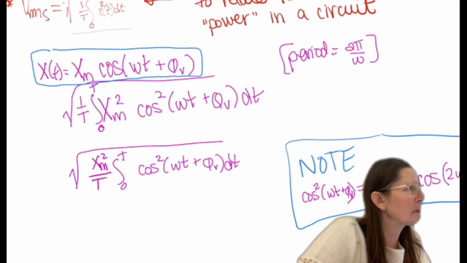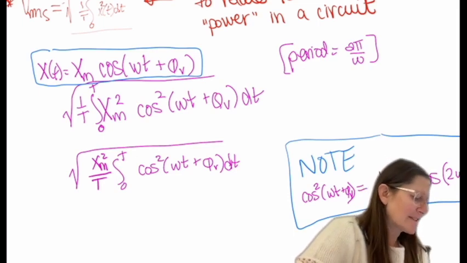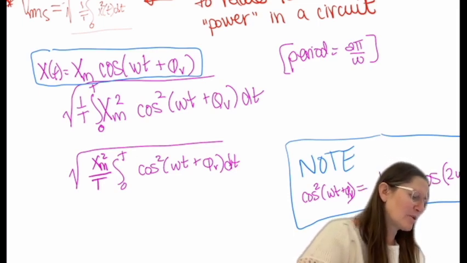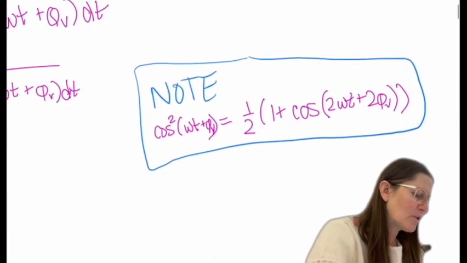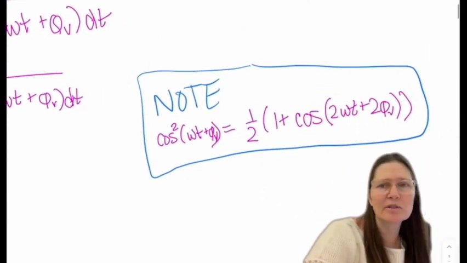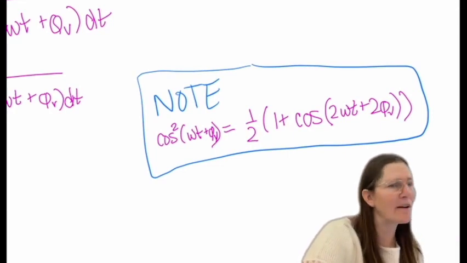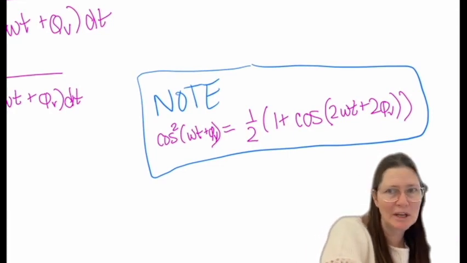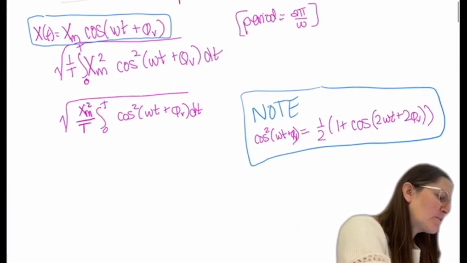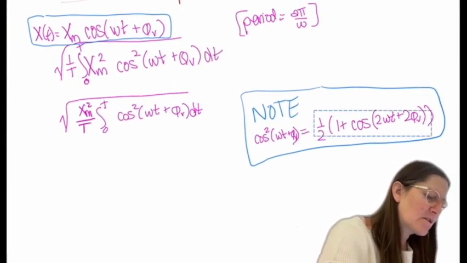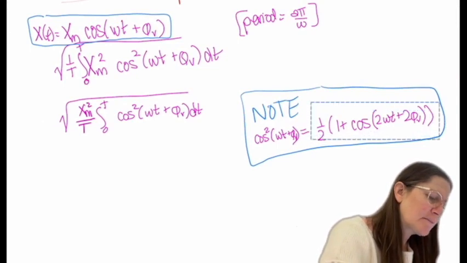So that's your time period. So those are constants that come out, and then we have the cosine squared of omega T plus the phase shift. Note that a cosine squared also has this property where it's a half times 1 plus cosine 2 omega T plus 2 times the phase shift. So with that, we can actually rewrite this.